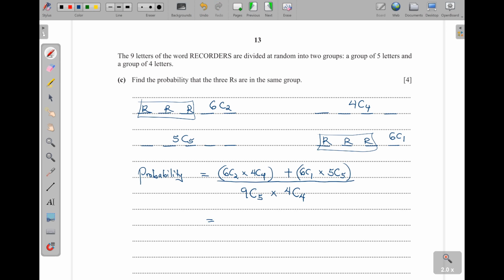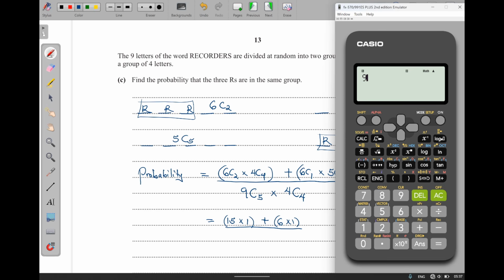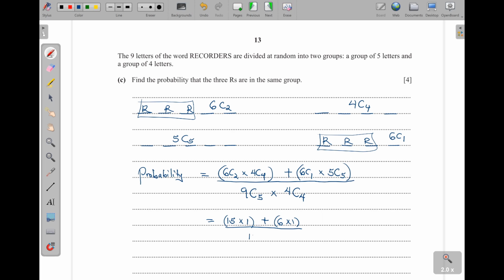So 6 combination 2, that is 6 times 5, then divide by 2, that is 15. Of course, 4 combination 4 is a 1. And then here, 6 combination 1 is a 6, times 1. Then down here, what is 9 combination 5? That is 126, of course, times 1.